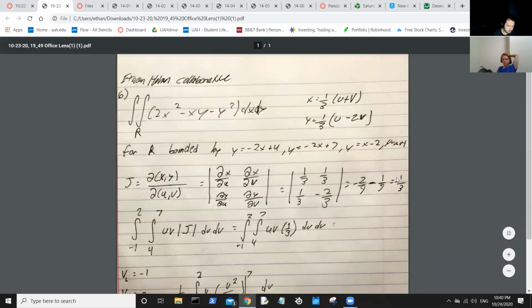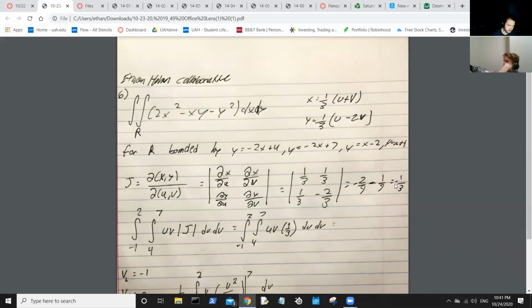We found, see, this one also happened to be -1/3, which is really interesting. Is this the same problem? No, because look at this problem. It just so happens that x and y end up being the same thing.